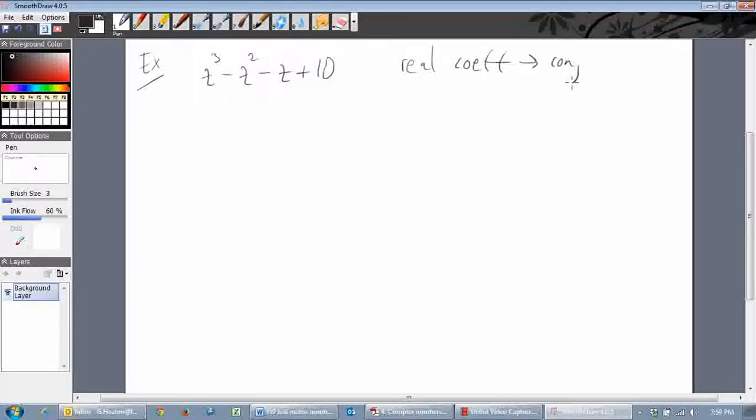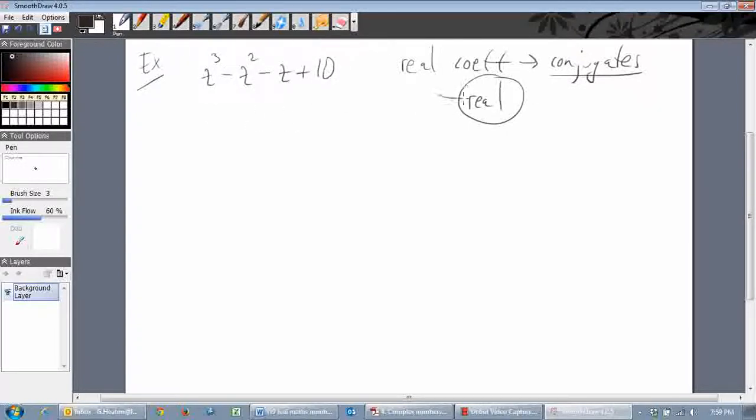Therefore, the conjugate theorem comes into play. If there's any complex solutions to this, we're going to get conjugate pairs. Also, it's a cubic, so you get conjugate pairs, but you also get one real solution. So there's one real root to this.